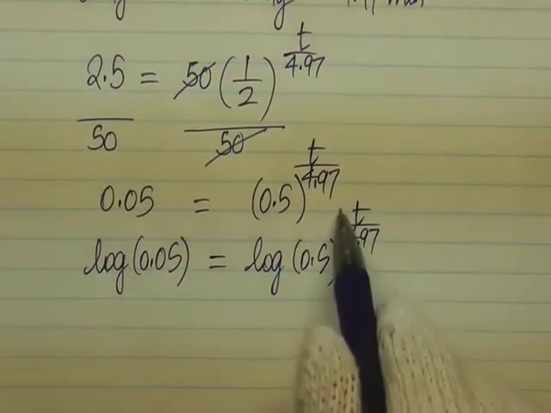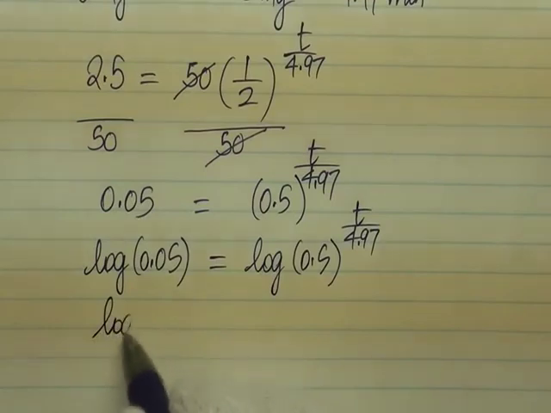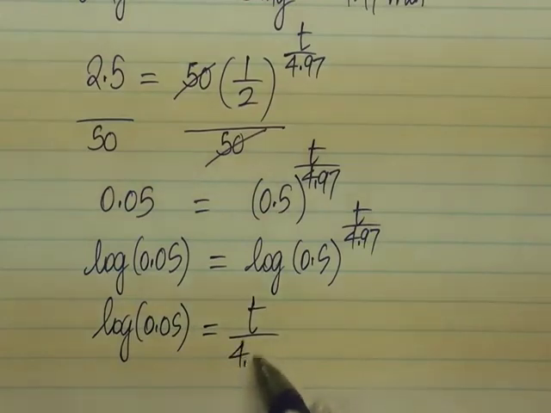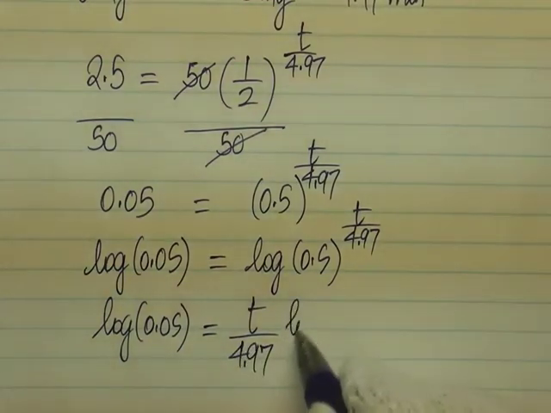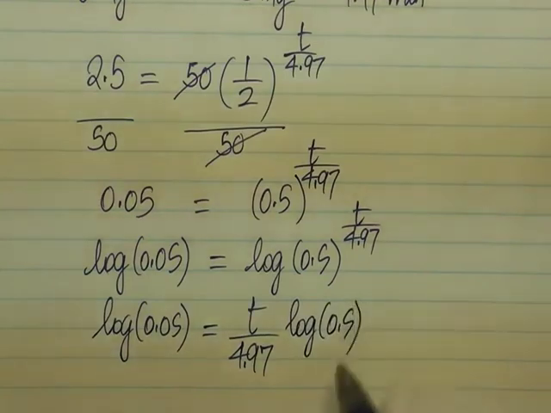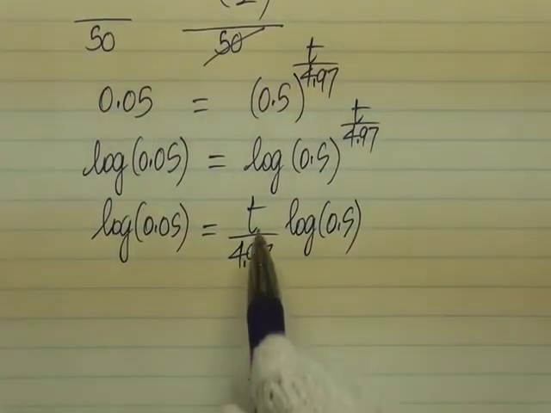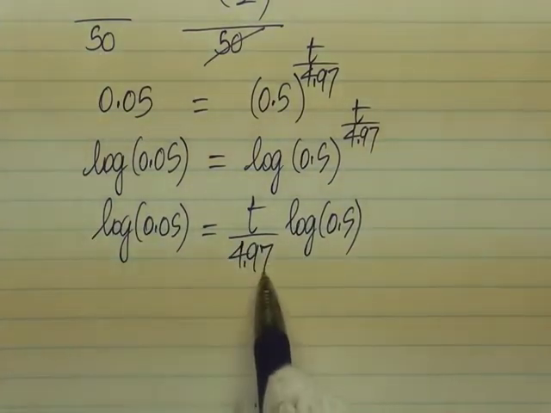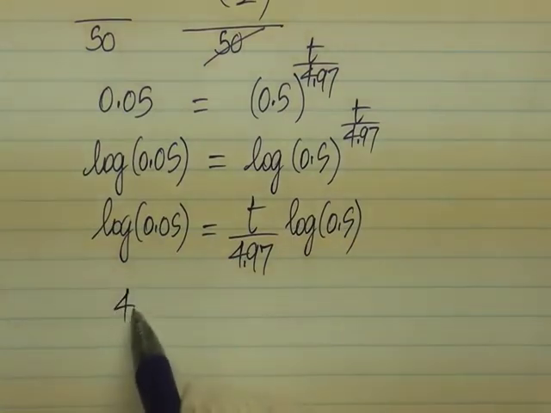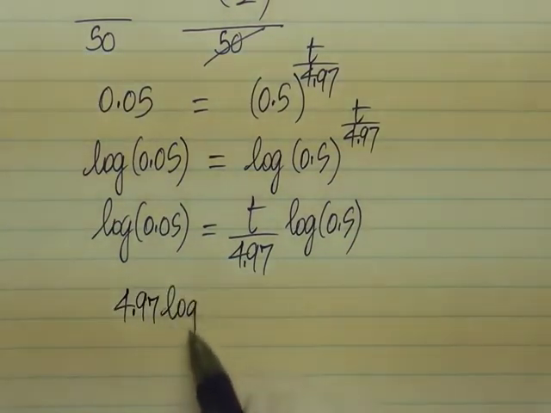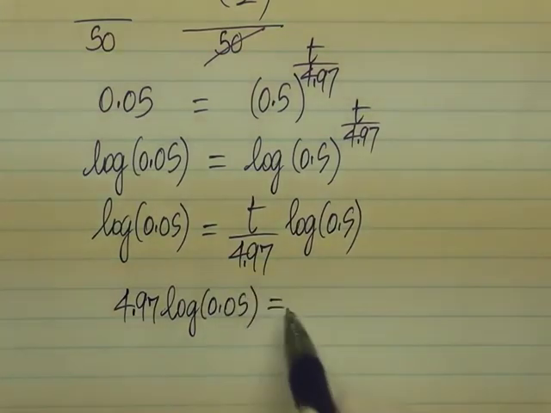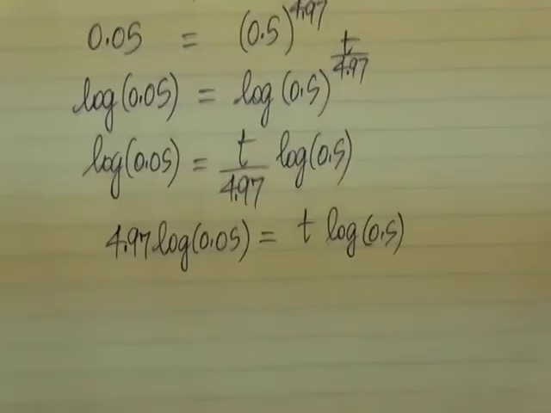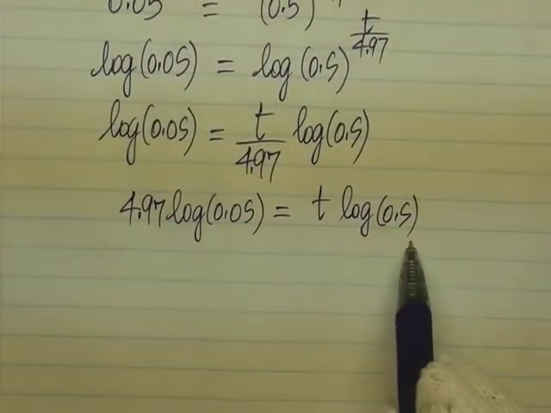What that will do is bring this exponent in front, making the equation look like this. Remember, we're trying to isolate for t. So I'm going to multiply both sides by 4.97. And now to isolate for t, I'm going to divide both sides by log 0.5.